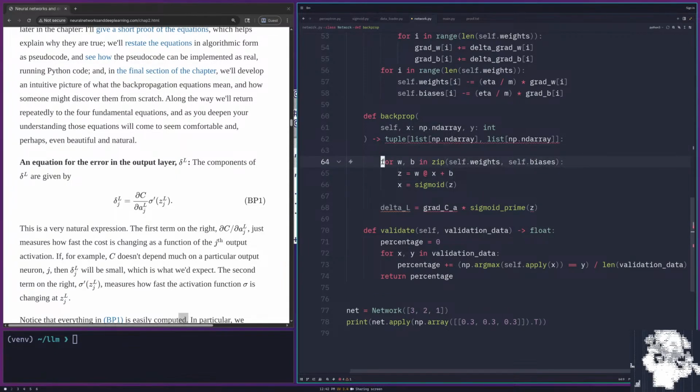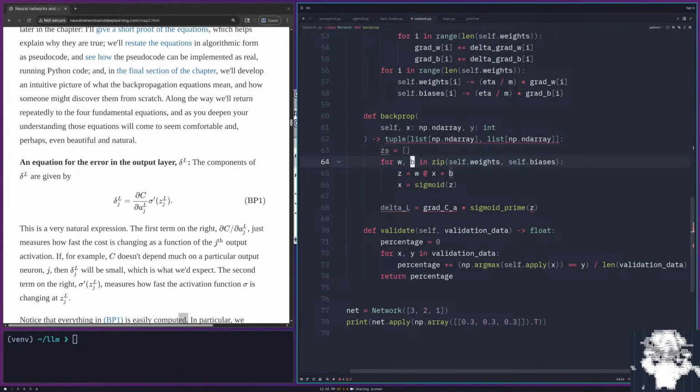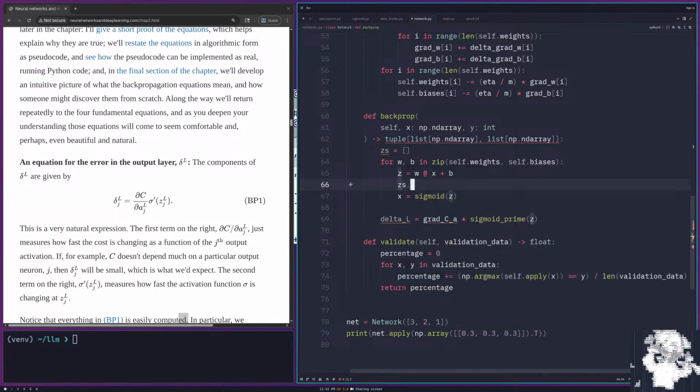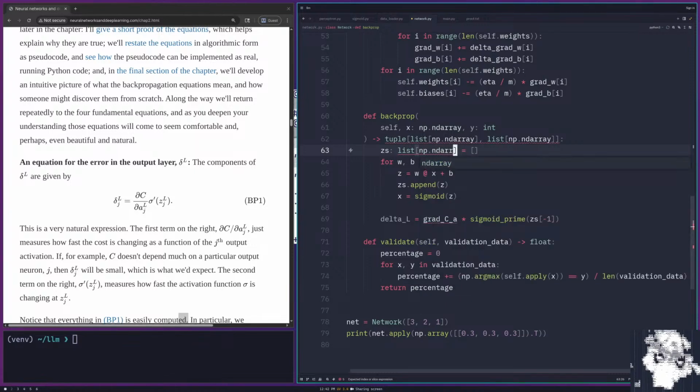That's true, because how about this? Zs equals a list. Zs.append Z. Take the last one. This is a list of np arrays.